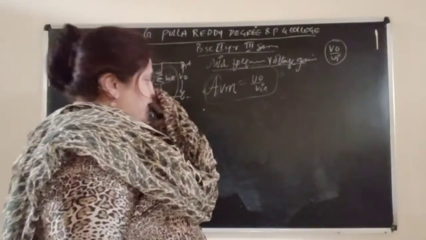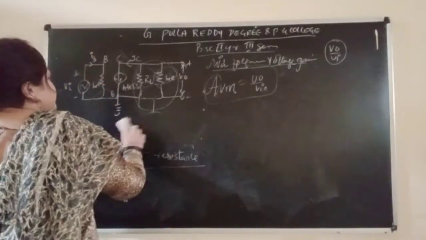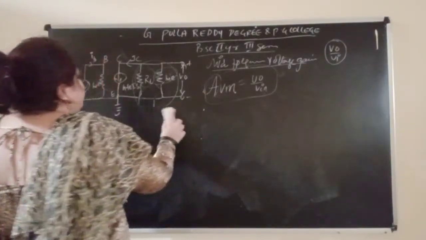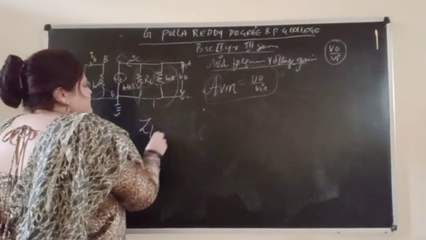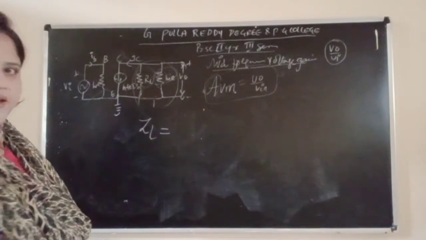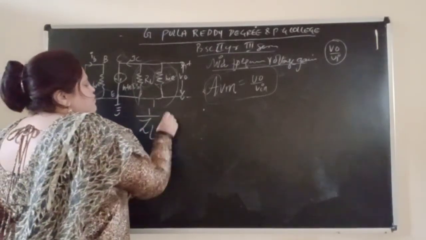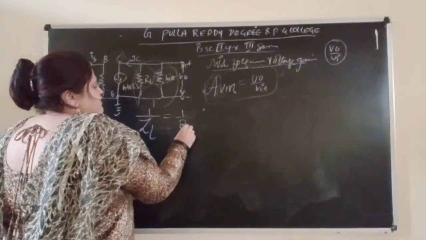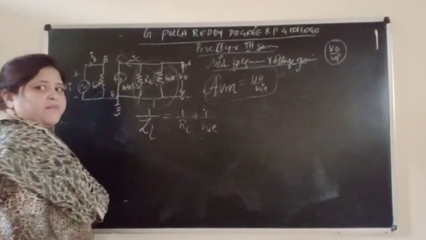So now I am calculating the effective load resistance ZL from the above figure, from the diagram. These two are in series or parallel? They are in parallel. So I should write 1 by ZL equal to 1 by RL plus 1 by HIE, because they are in parallel.